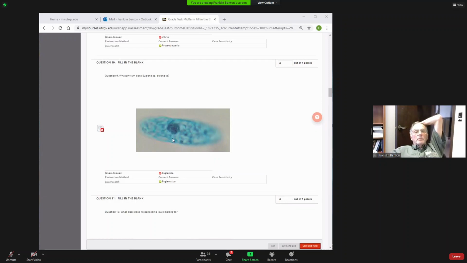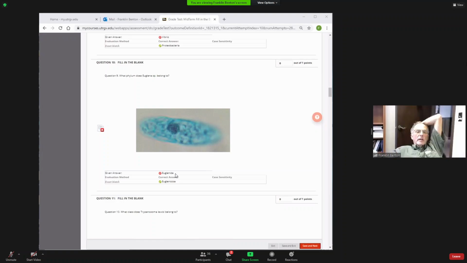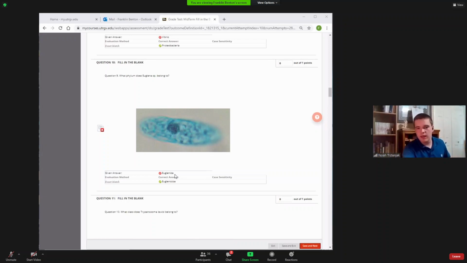This is a euglena. To what phylum does euglena belong? Euglenozoa. Well, someone is creative here. Euglenidia. Was euglenidia one of the choices of words? Yes. Regrettably, it was.